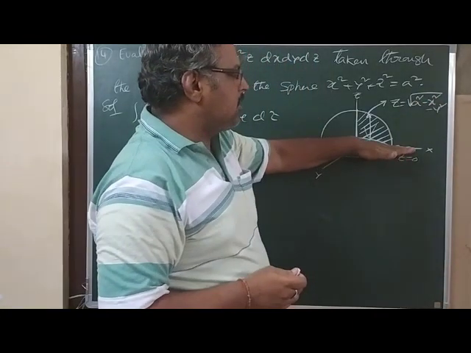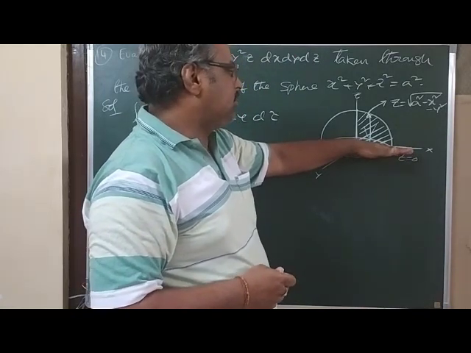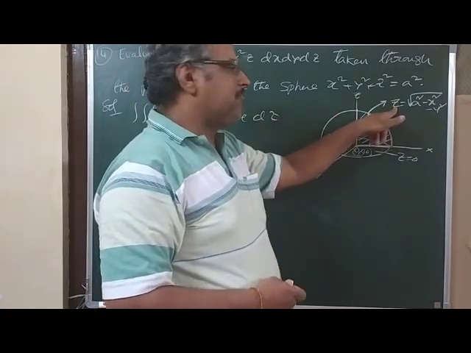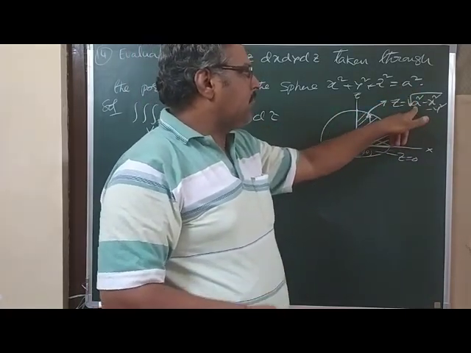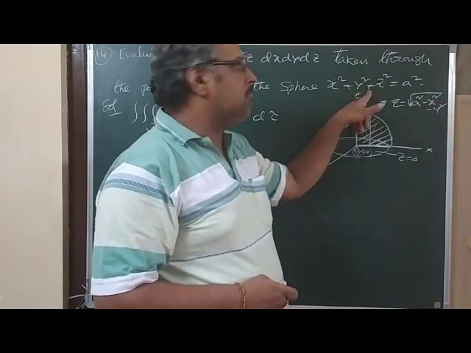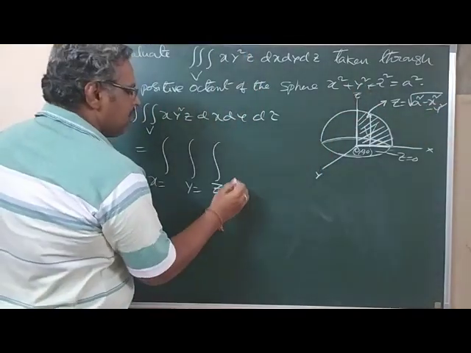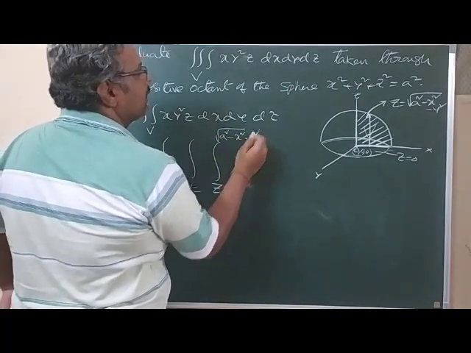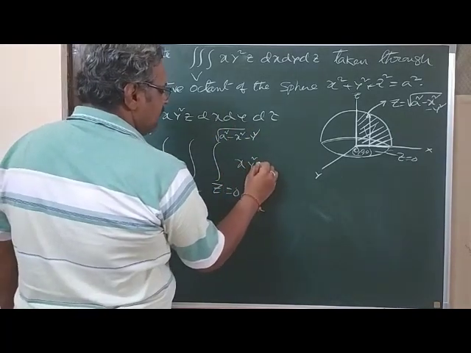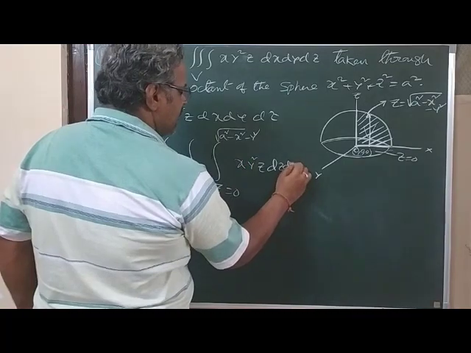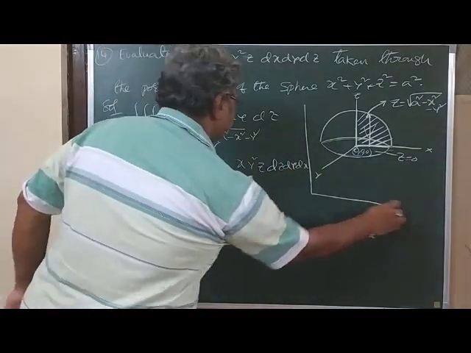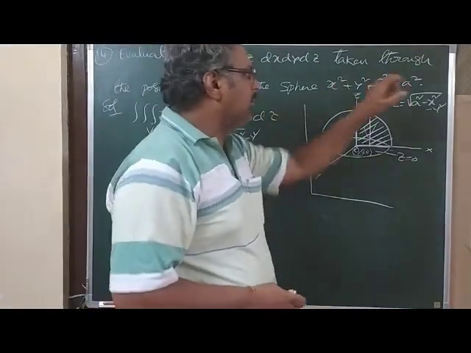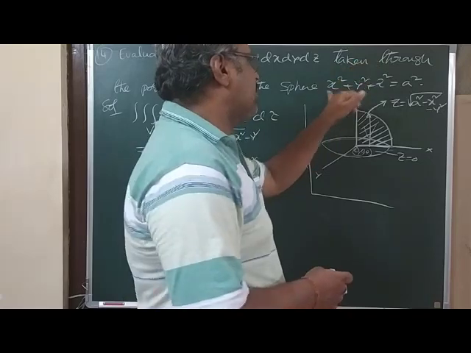So the z limits: the lower plane is z equals 0, which is the xy plane, up to the upper surface z equals square root of a square minus x square minus y square, which came from the sphere equation. Now the z limits are 0 to root of a square minus x square minus y square, with x y square z dz dy dx. For the y limits, a very simple methodology: put z equals 0 in this expression.